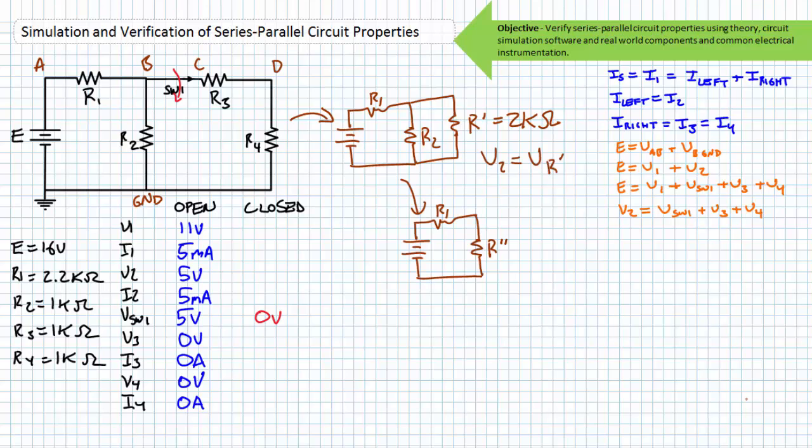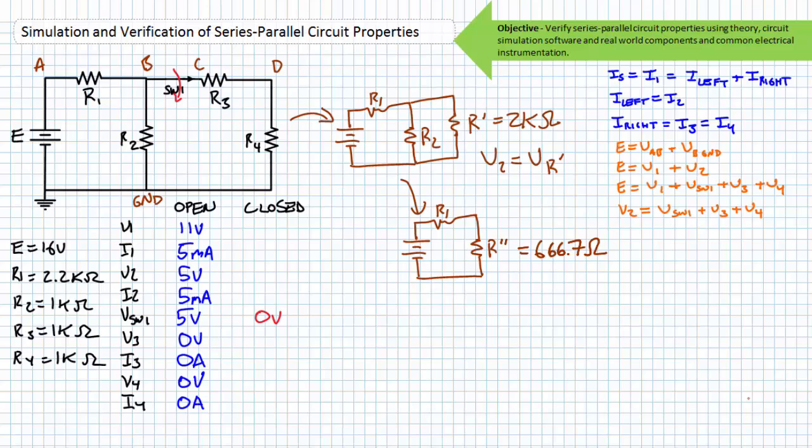R2 and R prime can be combined into a parallel simplification I'll call R double prime, with a value of approximately 666.7 ohms. R1 and R double prime are clearly in series with one another, and the most basic of series circuit analysis techniques can be used to solve for unknown quantities. Any further reduction of series parallel circuits beyond pure series or pure parallel circuits is an unnecessary waste of time.